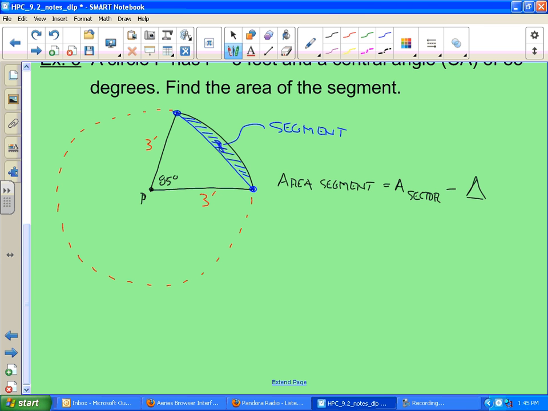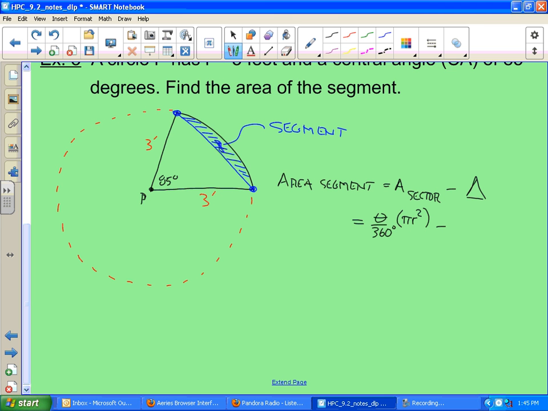So we're in degrees, so we've got to use the correct sector area formula. Which one do we use for degrees? Yeah, the theta over 360. So we have theta over 360 times pi r squared. And we're going to remove from that what?